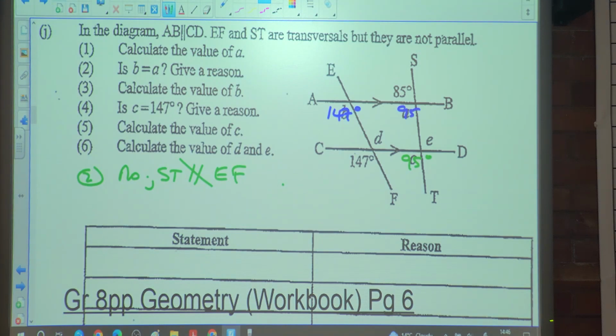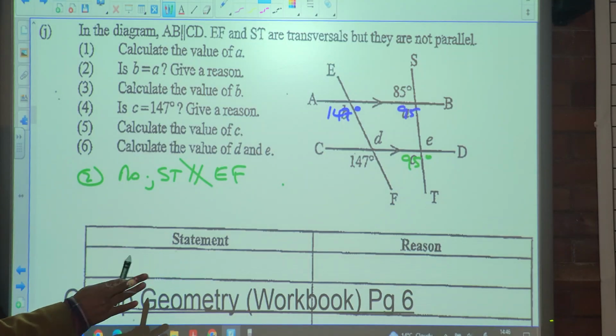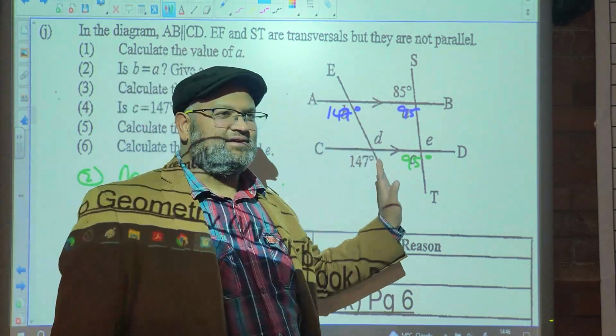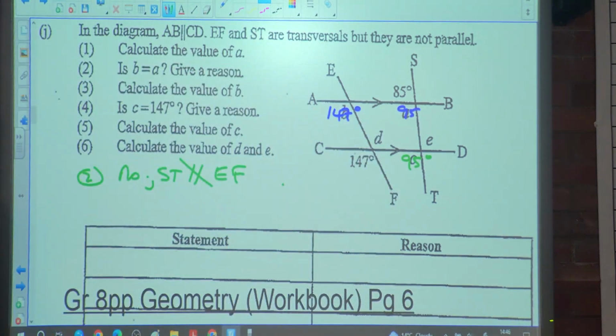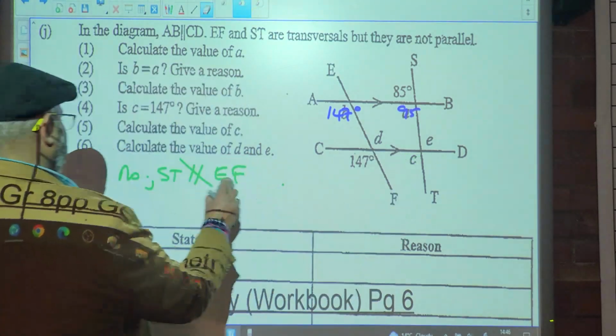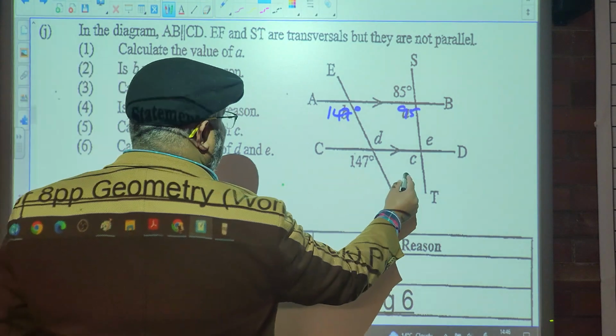Number 3, calculate B. We got B already, no? B was 147. Why? Corresponding. Okay. Number 4. Is C 147?